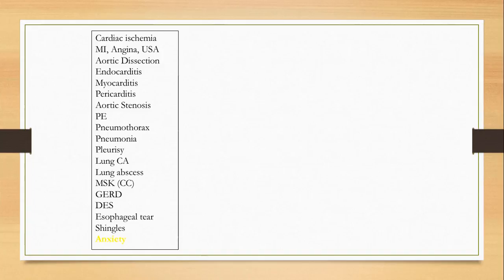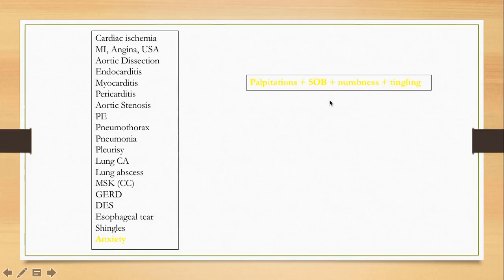And the last thing is anxiety. So anxiety is also possible. These people have palpitations, shortness of breath, numbness and tingling. And you can see these are very multi-system symptoms. So that's one thing to keep in mind when people come in and right off the bat they say, I got chest pain, I can't breathe, I got numbness and tingling in my feet and hands.